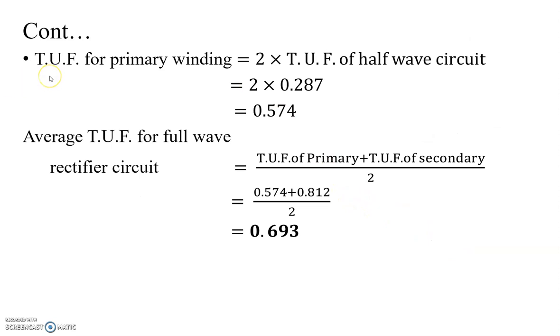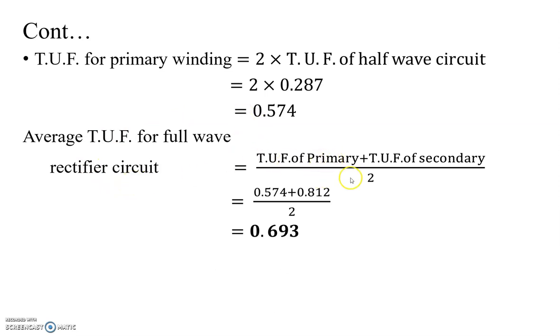So next we are finding the transformer utilization factor for the primary winding, which is nothing but 2 times the transformer utilization factor of the half wave rectifier. So you just substitute and find out the transformer utilization factor for the primary winding, and then you find the secondary winding transformer utilization factor, and finally find the average value of the transformer utilization factor for the full wave rectifier.